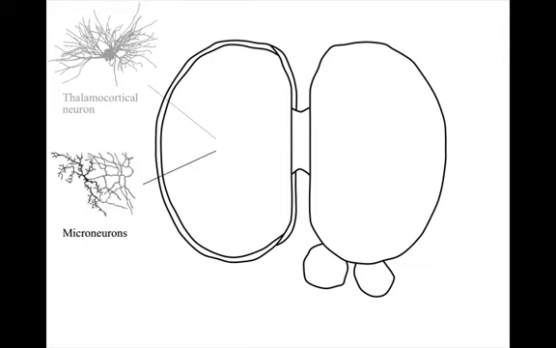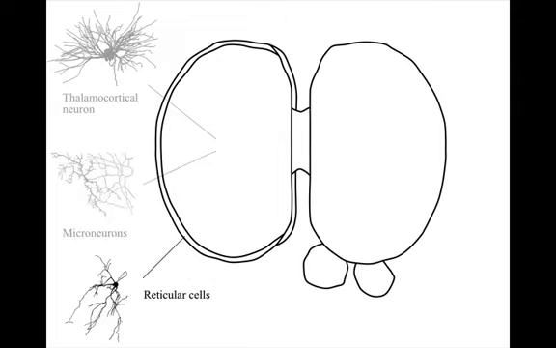There's also small inhibitory GABAergic interneurons in the main nuclei. These neurons only target thalamocortical neurons within their own nucleus. A third major type of neuron in the thalamus is the inhibitory GABAergic reticular cell that you find just in the TRN.